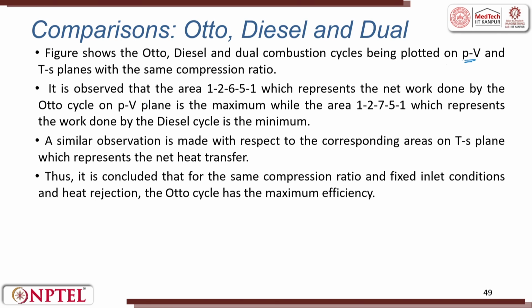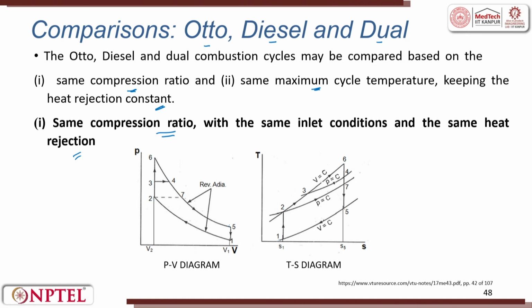It is observed that the area 1, 2, 6, 5, 1 represents the net work done by the Otto cycle. I told you 1 to 2, 2 to 6, 6 to 5, 5 to 1 is the Otto cycle.